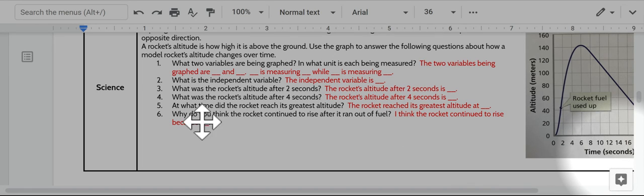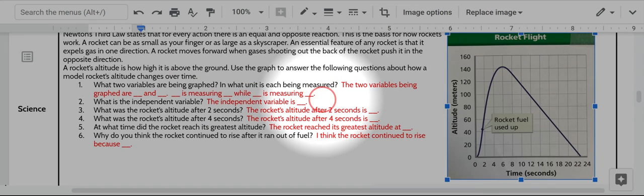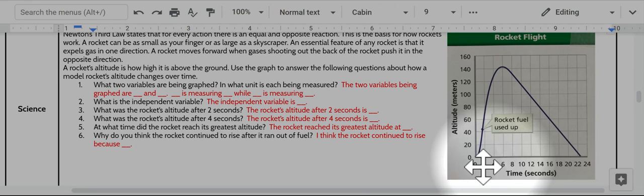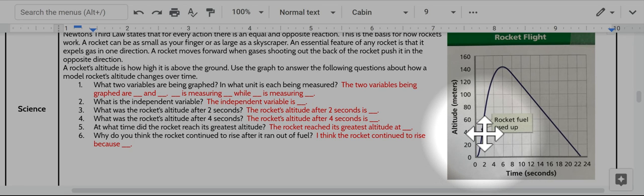Okay, pretty easy. Number 3, what was the rocket's altitude after 2 seconds? So we're going to look at 2 seconds here in our time and just go up. And what do you see? That's going to be what you estimate that number to be, and that's what you put down for number 3.